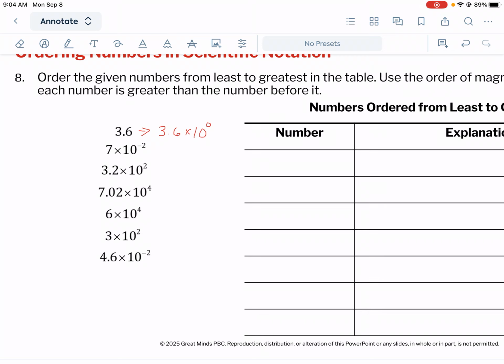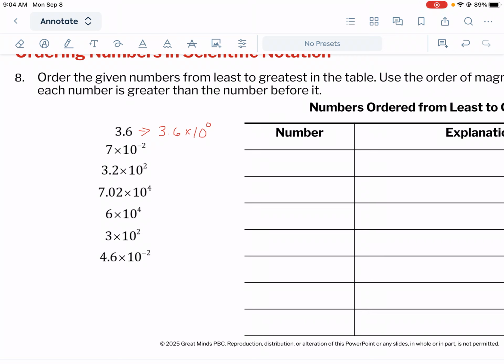Now, just reading off, we have 3.6 times 10 to the power of 0, 7 times 10 to the negative 2, 3.2 times 10 to a positive 2, 7.02 times 10 to a positive 4, 6 times 10 to a positive 4, 3 times 10 to a positive 2, and 4.6 times 10 to a negative 2.